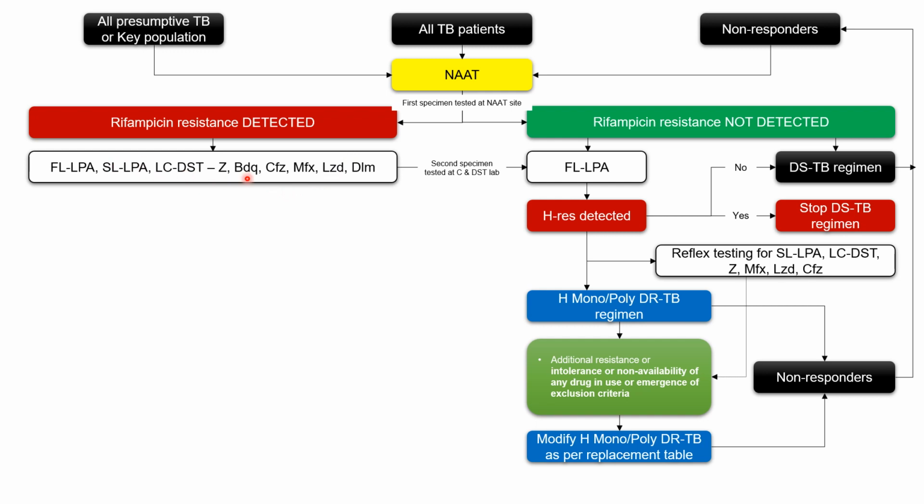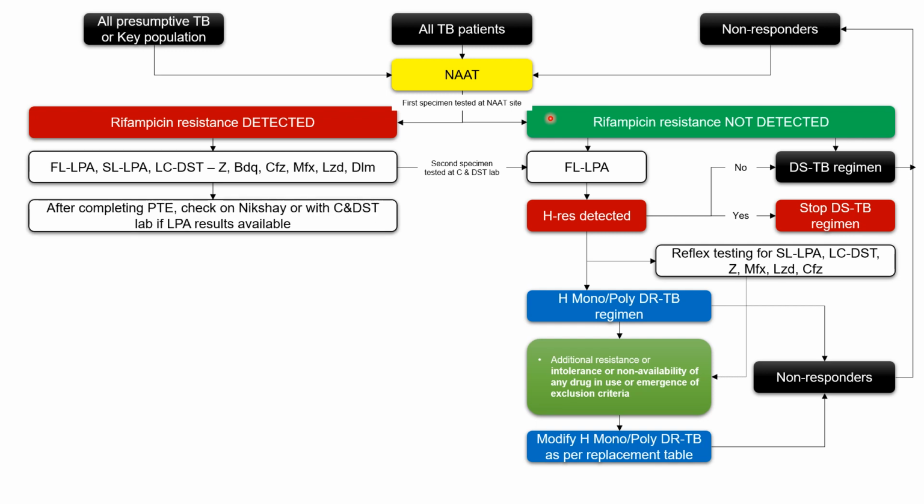So after this test, the second specimen is tested at the CDST lab, that is the culture and drug sensitivity testing lab, according to this algorithm. As I told, every patient diagnosed to have tuberculosis has to give two samples. One sample is tested at the NAT site, another sample is tested at the CDST lab, and depending on the report of those tests, the treatment has to be undertaken.